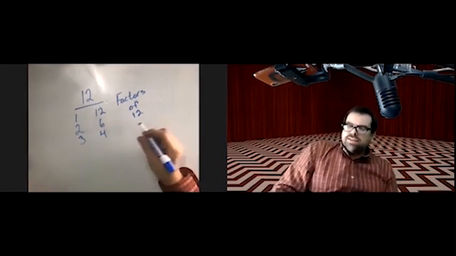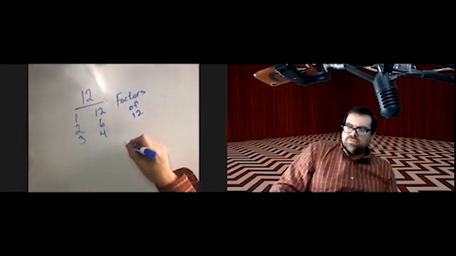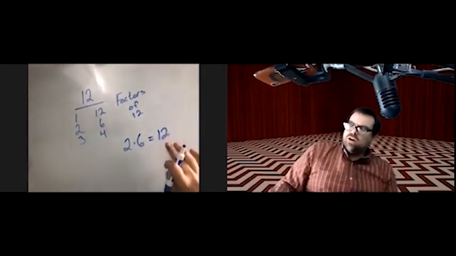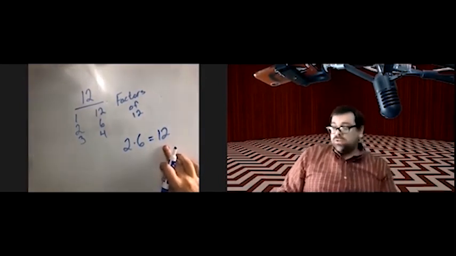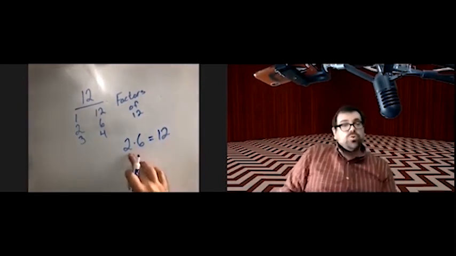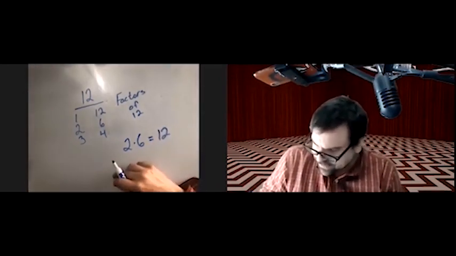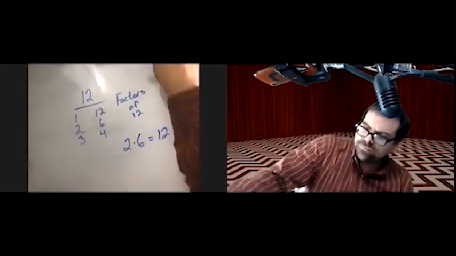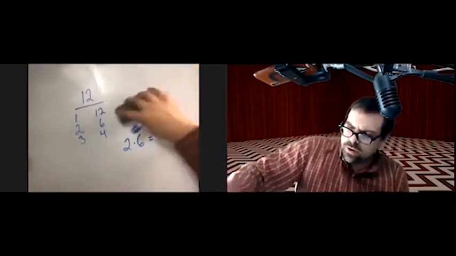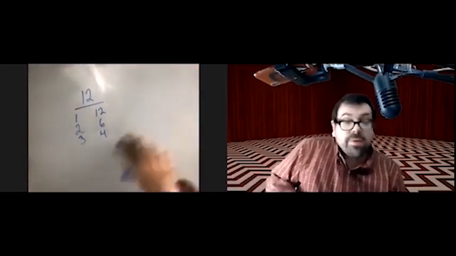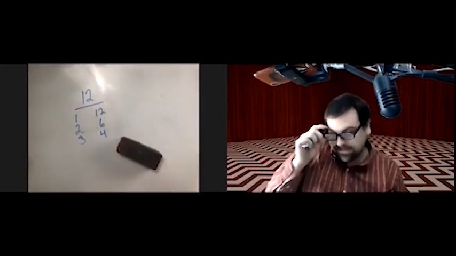This comes from the fact that, for instance, in the multiplication problem, 2 times 6 equals 12, 12 is called the product, and 2 and 6 are called factors. We deal with factors a lot when we're talking about reducing fractions.